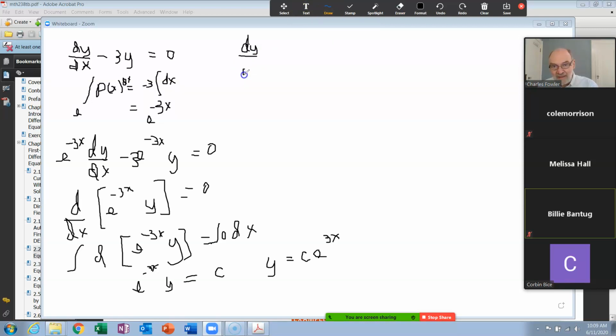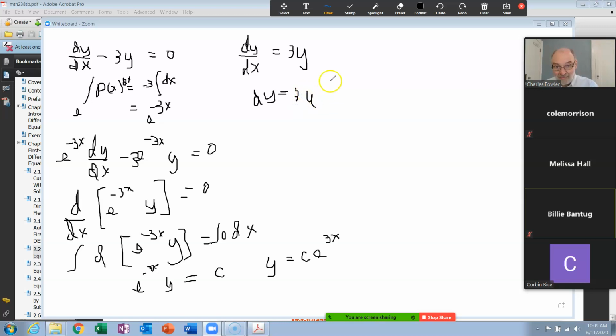Okay, dy dx is equal to 3y, right? Adding 3y to both sides. Trying to separate the variables. So write it in differential form, and you have dy is equal to 3y dx. It's supposed to be a 3.